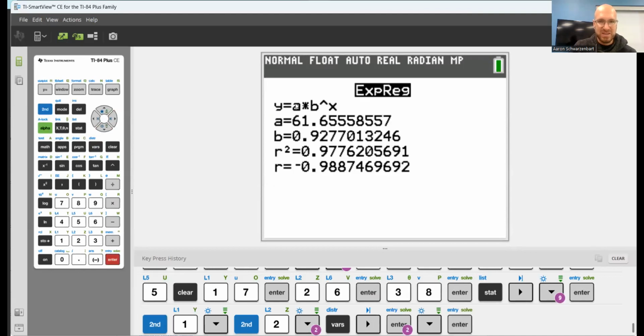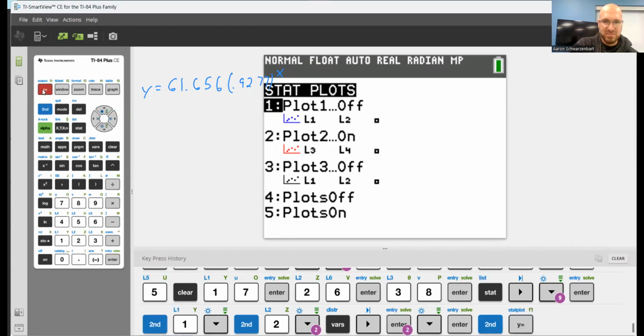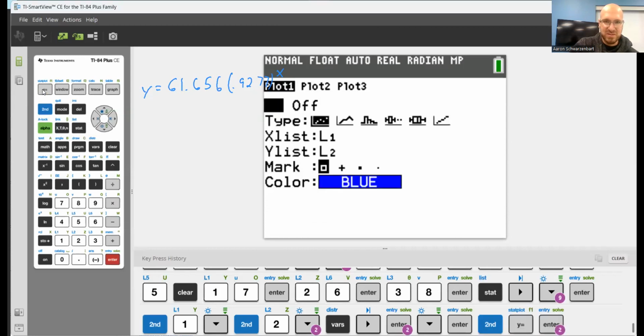And my equation is 61.656 times 0.9277 to the x. I like to keep a lot of variables, especially on the exponent here. We'll take a look at our stat plot. Let's turn this one on.